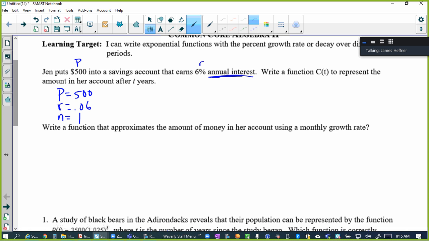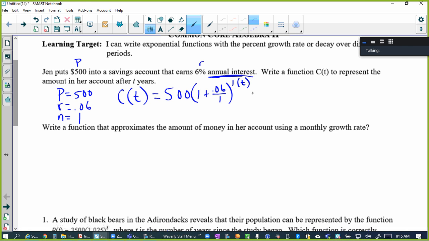So our function would be C of t, as they want, equals, what would it be? The P comes first, right? In that formula I gave you a minute ago. What am I going to write here? 500. Parentheses. Yep. 1 plus 0.06 divided by 1, to the parentheses 1 times t, right?